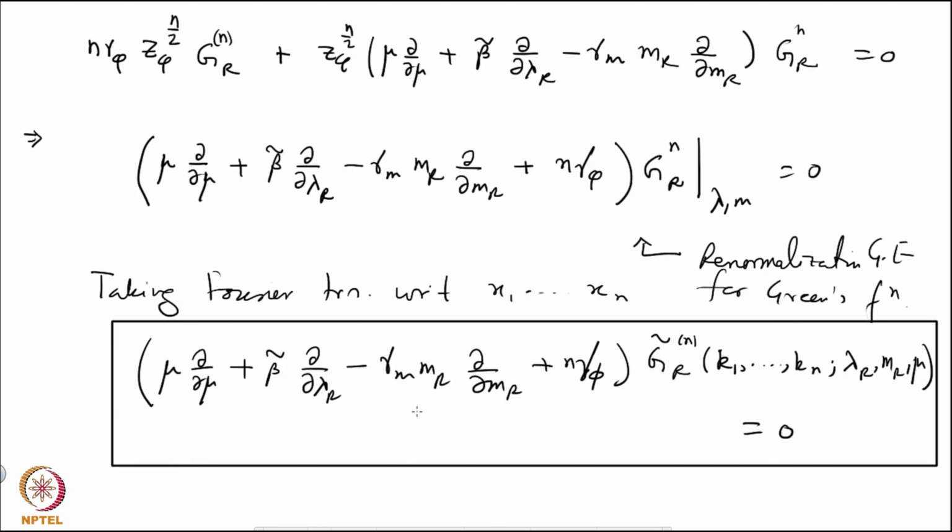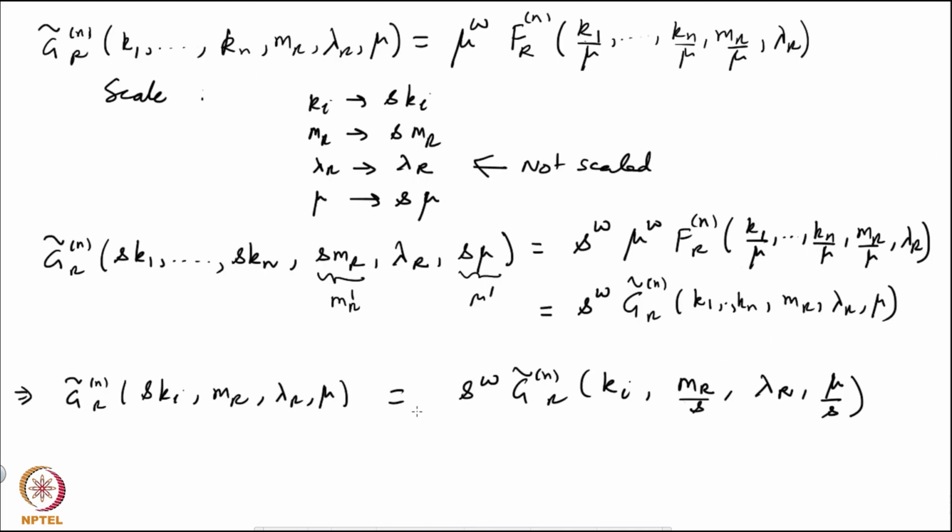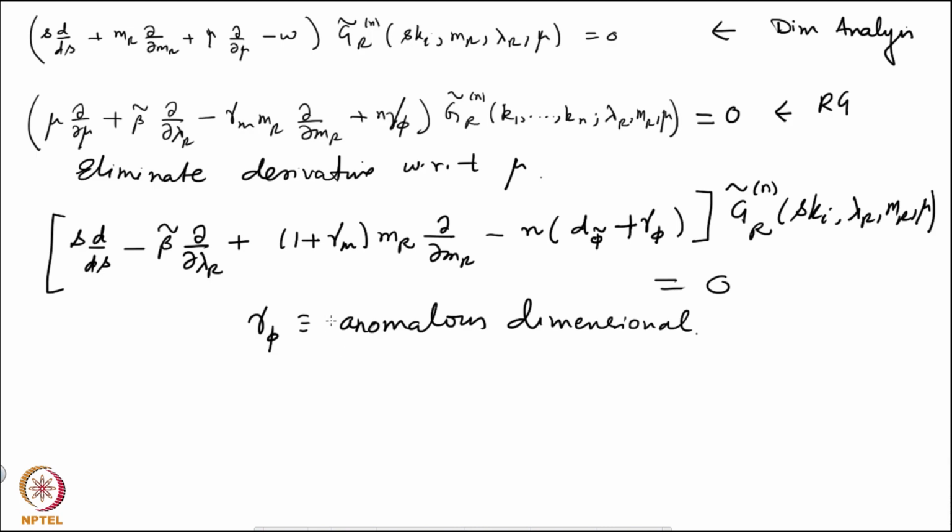Okay, and similarly for the gamma m, it will also be 0. So you see, in the absence of renormalization, in this equation you will not have gamma m and gamma phi. Okay, and that is why they are given this name, anomalous dimension. So gamma phi, we call it as anomalous dimension.